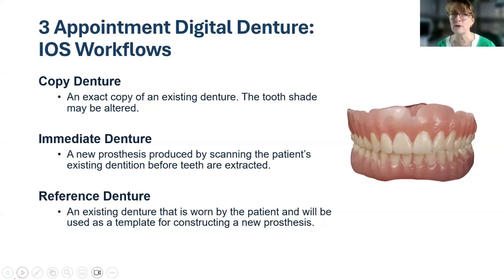So what I'm going to focus on a bit is what you can do with those scans. And so we divide it into a few different options. One is a copy denture, which is an exact copy of an existing denture. So imagine Mrs. Jones comes in and she's going to winter in Florida and she loves her denture and she wants an exact copy of it. That's what a copy denture is. And you could easily do that 360 scan that Yen mentioned.